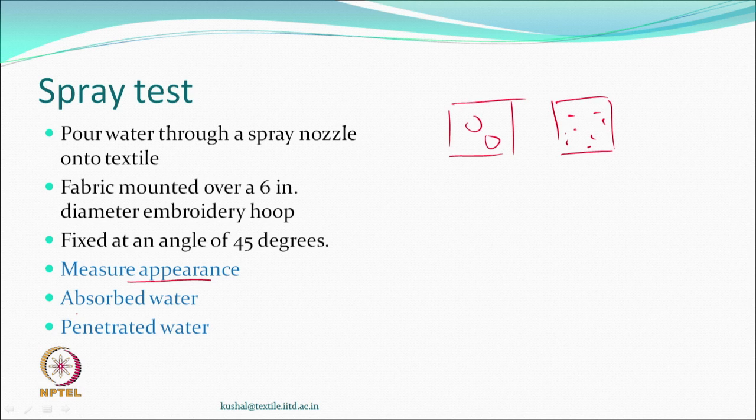Other is how much water has been absorbed. Of course, the weight of the dry fabric and the weight of the wet fabric can be measured, because people are interested. If it is completely repellent, then the whole water will go out. But it may not be, so something may be absorbed.